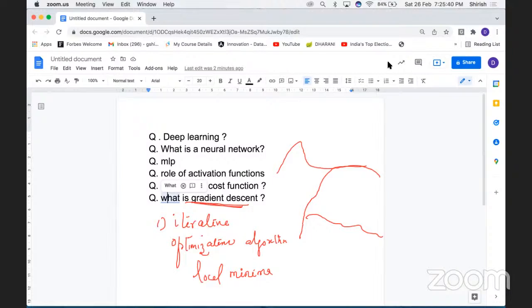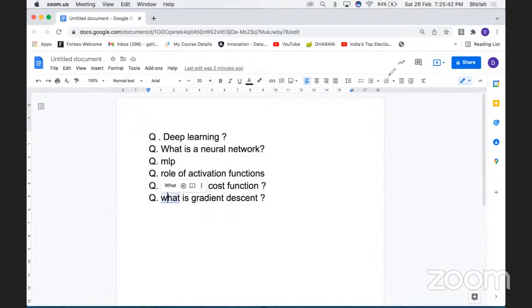We are taking steps proportional to the negative of the gradient, meaning moving away from the gradient of the function from the current point. If we take steps proportional to the positive of the gradient, we are moving towards the gradient, right? So we are not focusing on how the jumps are happening. Our aim is it should reach this local minima point.